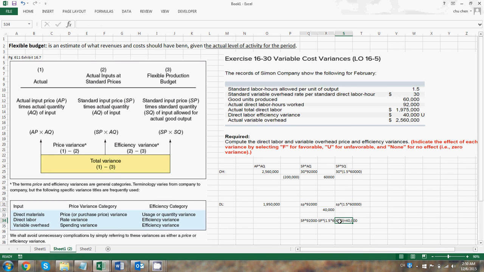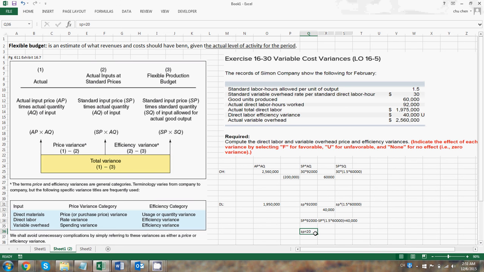So here we can set up an equation like this: this number minus this number gives 40,000, because it's unfavorable, meaning this number should be greater than this number. Solving this, we should get SP equal to 20.